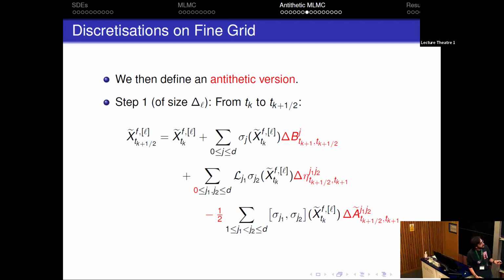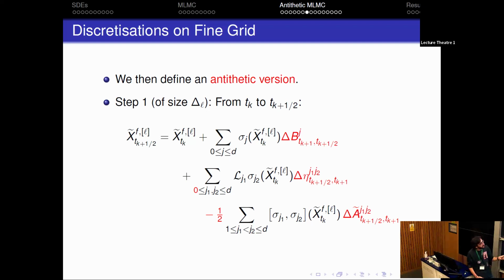So what is happening here? If you notice, we do this half step, and here there is some trick in the use of these increments. So we use the increment from the second step of the bar process. All right, and the same thing here.